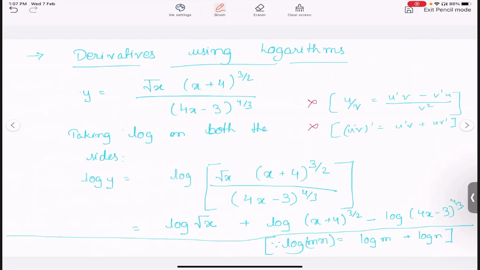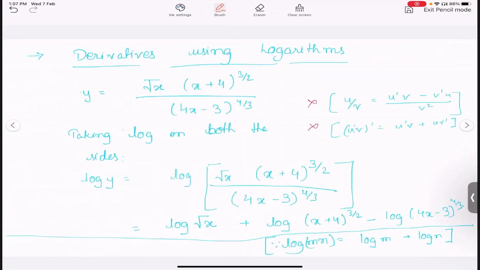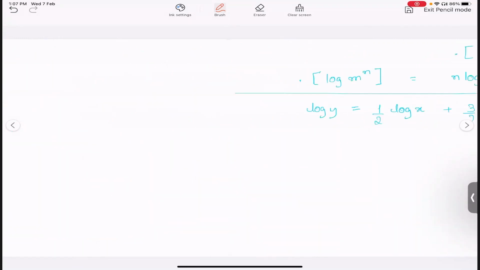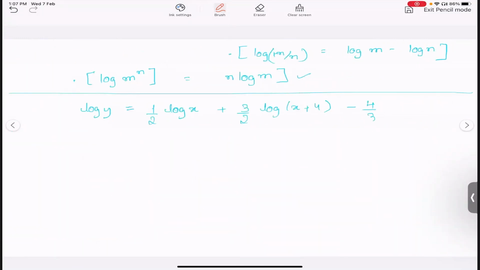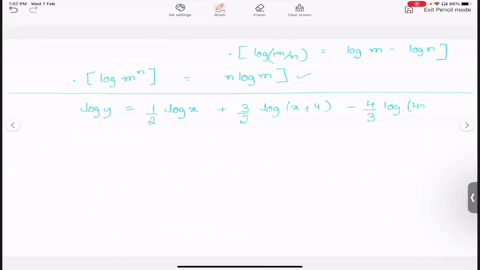Again, we have plus log of (x plus 4) to the power 3 by 2, so this will be 3 by 2 times log of (x plus 4). The next term will be minus 4 by 3 log of (4x minus 3), where n is equal to 4 by 3. So this is what we have.